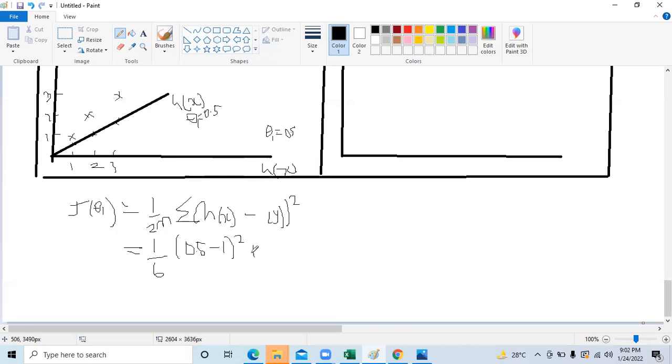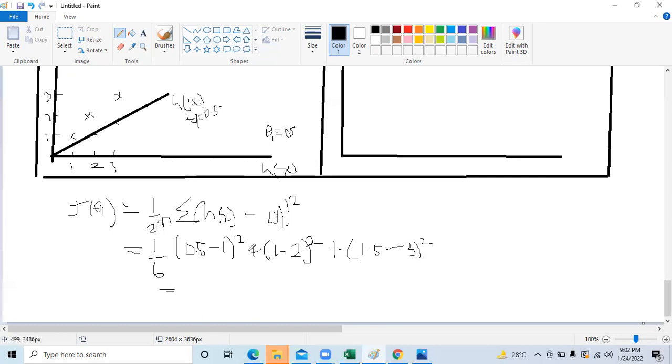Plus, yeah, we had 1, right? And our y was 2. 1 minus 2 all squared plus, yeah, we had 1.5, and our y should have been 3. So this is 1.5 minus 3 all squared.